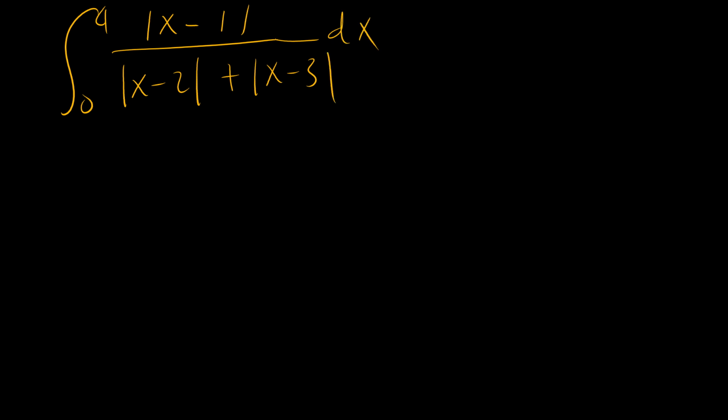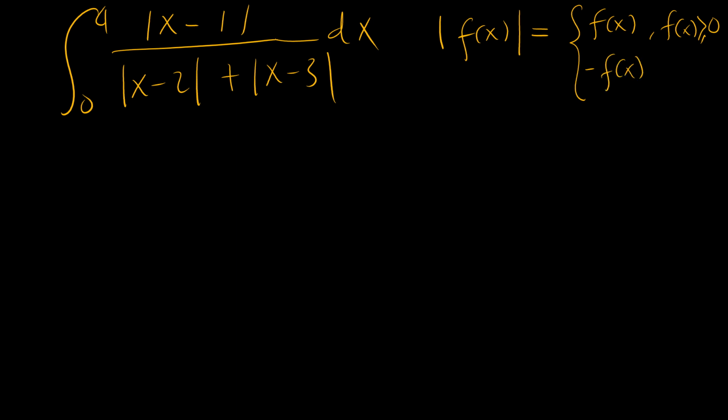Right. So what is the absolute value of the function f(x)? This is equal to f(x) when f(x) is greater than or equal to 0, or negative f(x) when f(x) is less than 0.